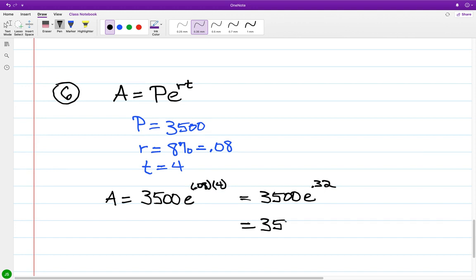And again, we have E to the 0.32 degree.